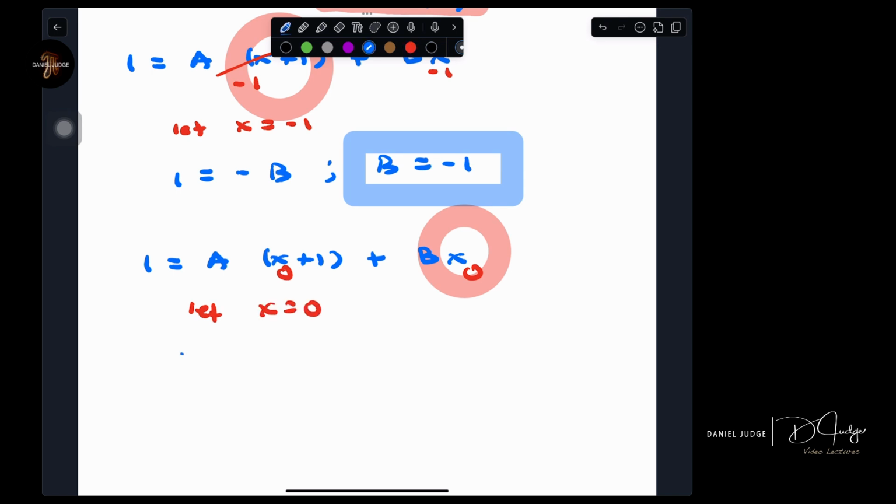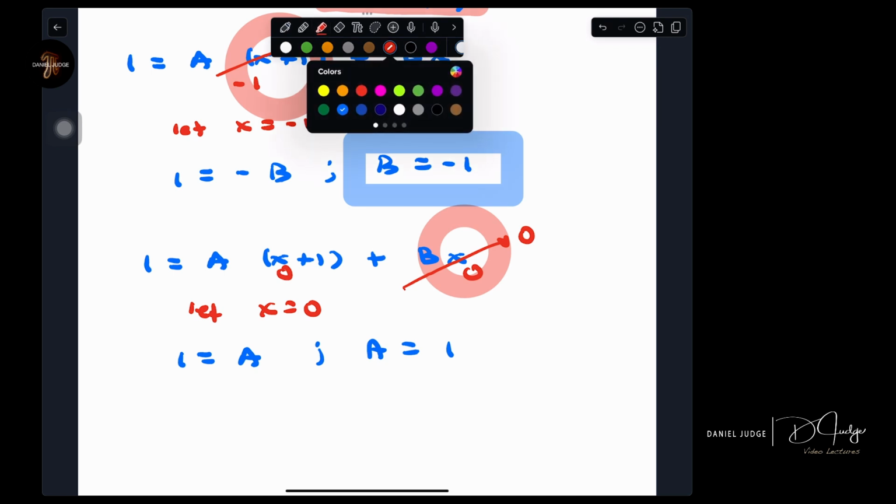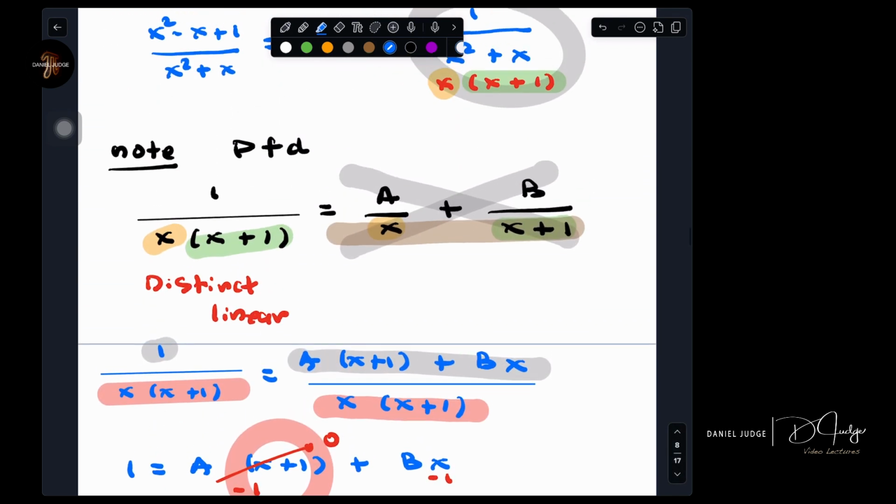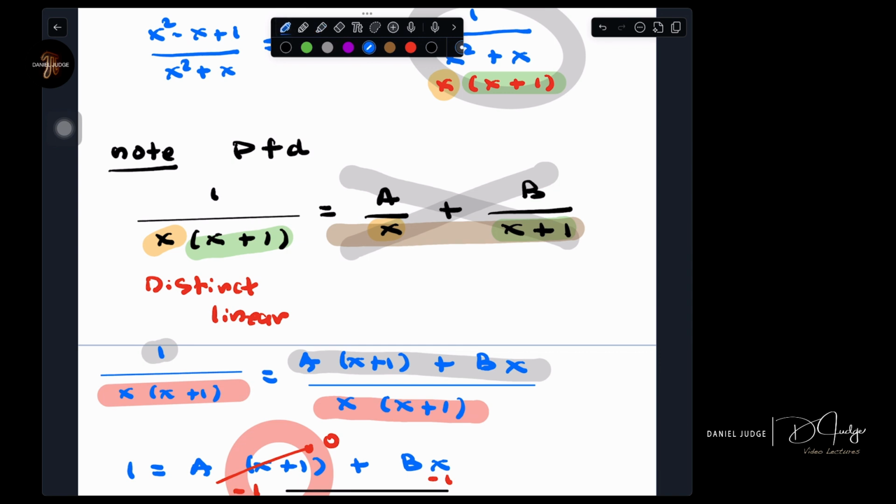On the left, it's the number 1. We'll just have a here, and this is zeroed out. This is why we let x be 0. So what we end up getting is a going to be the value 1. a is 1, b is negative 1. Okay.